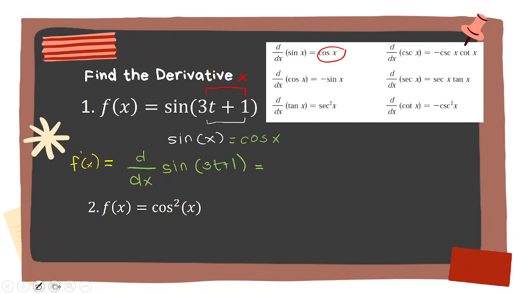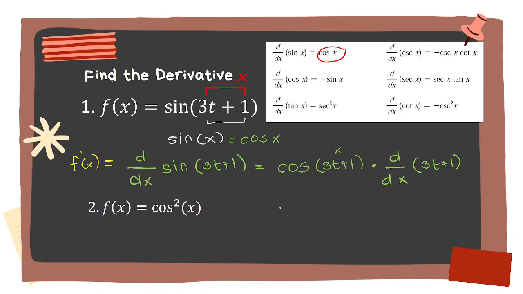Now, if we apply that cosine x in this problem, the derivative would become cosine 3t plus 1. However, this x here, we still need to derive that. So, we are going to multiply that with the derivative of 3t plus 1.